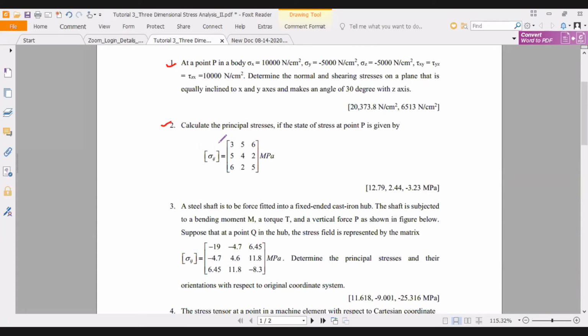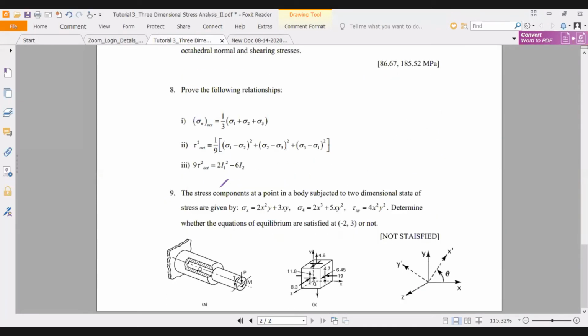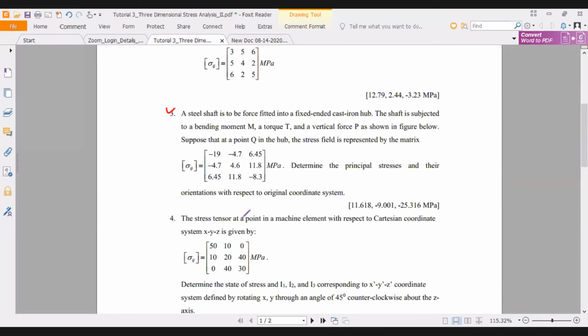Now further, what is there in third question? So in third question, let me show the schematic of the third question. Okay, it's there. So a steel shaft is to be force fitted into a fixed inlet cast iron hub.